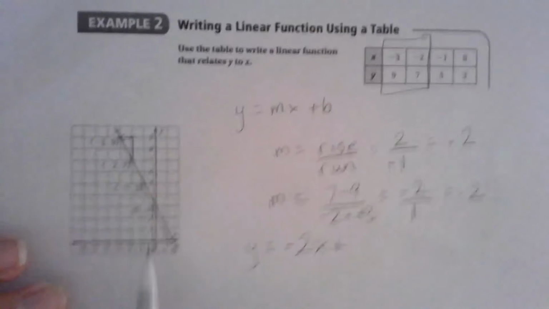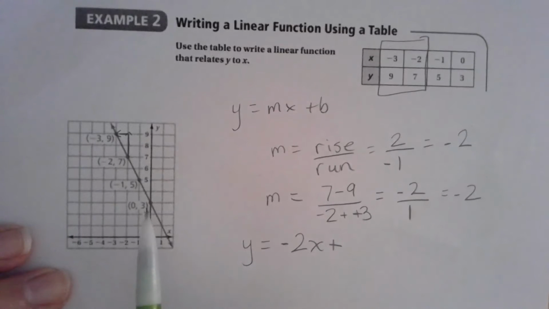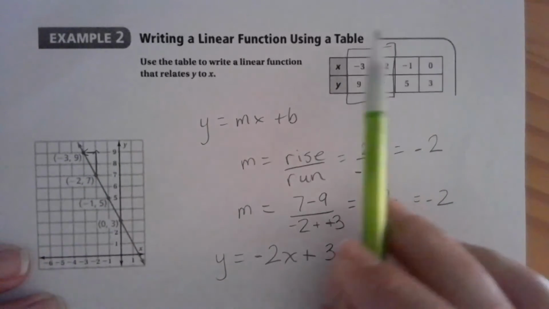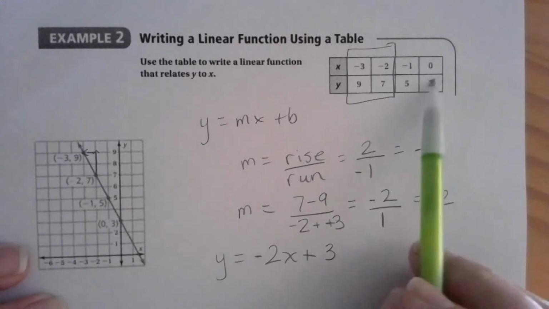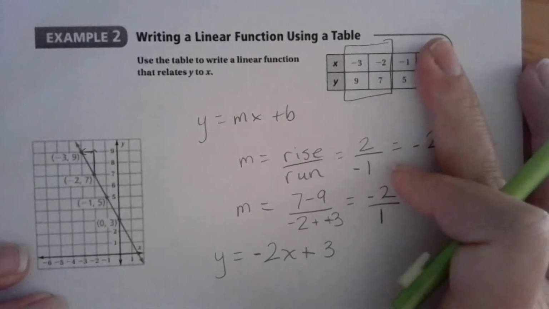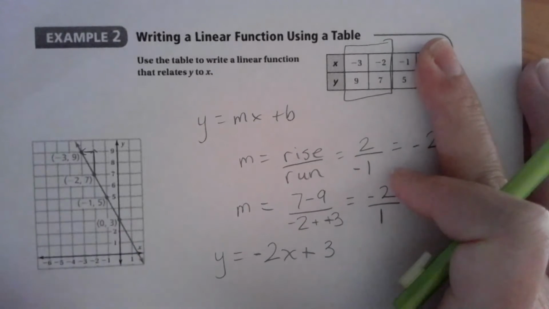-2x plus, okay, where does the line cross the y-axis? And it's at 3, so it's a +3. And notice from the table, we actually see it is on here. Sometimes the table will not show it, but then once you graph it, you'll see that it goes through 0, 3.